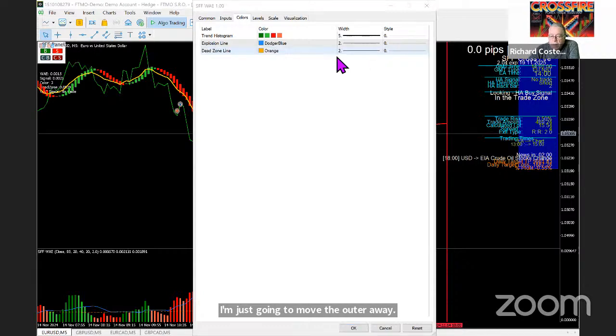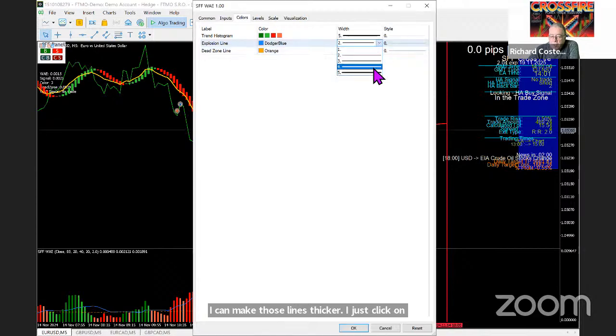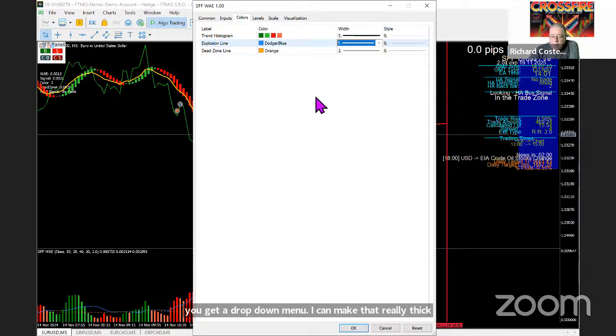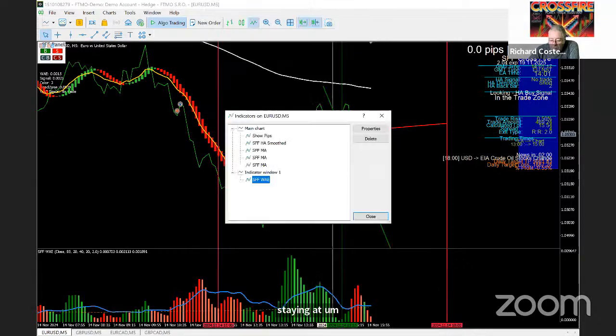Okay, so I can make those lines thicker. I just click on there, you get a drop down menu. I can make that really thick. You might be happy with it staying at blue, but it's now much thicker than it was.